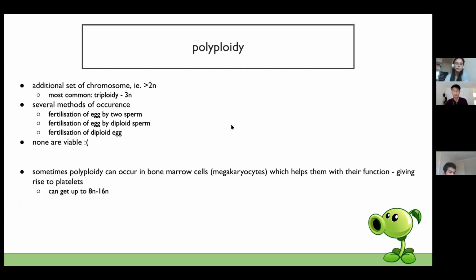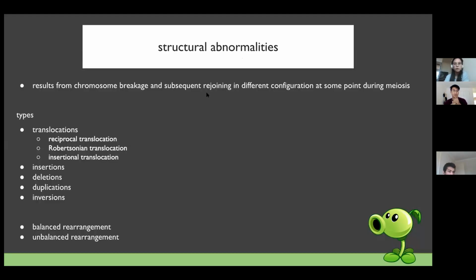Cool. So structural abnormalities. These will result from the chromosome breaking and then rejoining at an abnormal place, a place they shouldn't be joining, most commonly in meiosis at the crossing over and recombination stage. So there are several types.